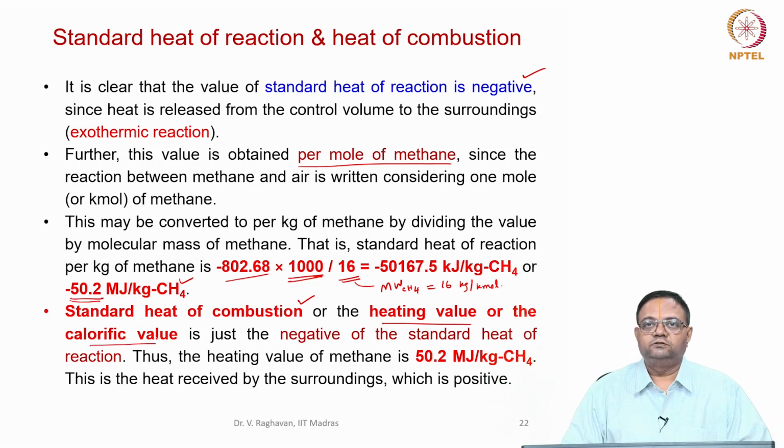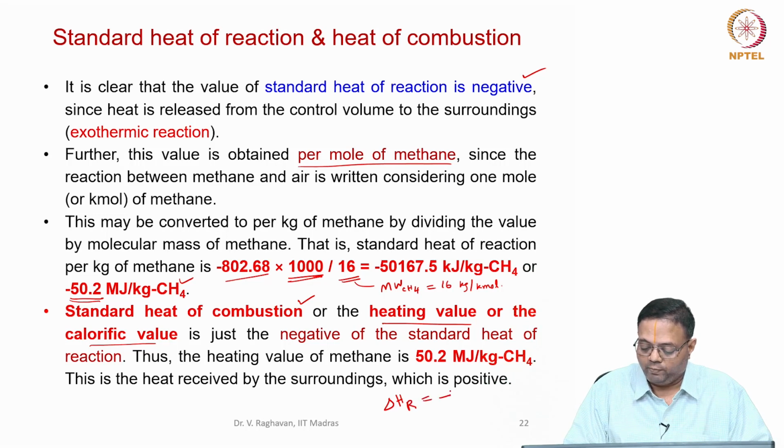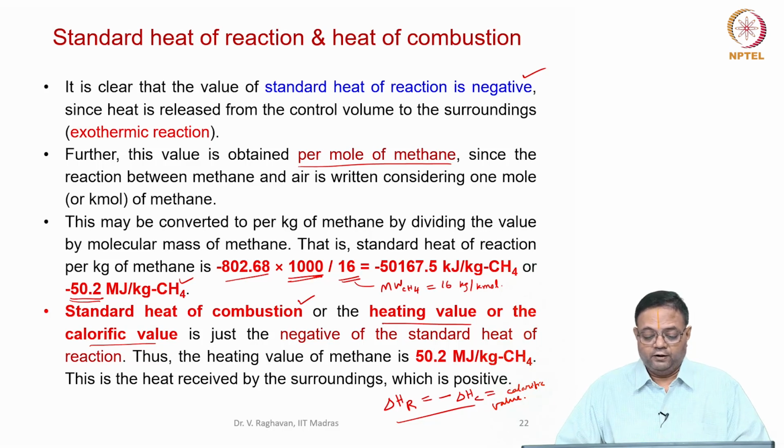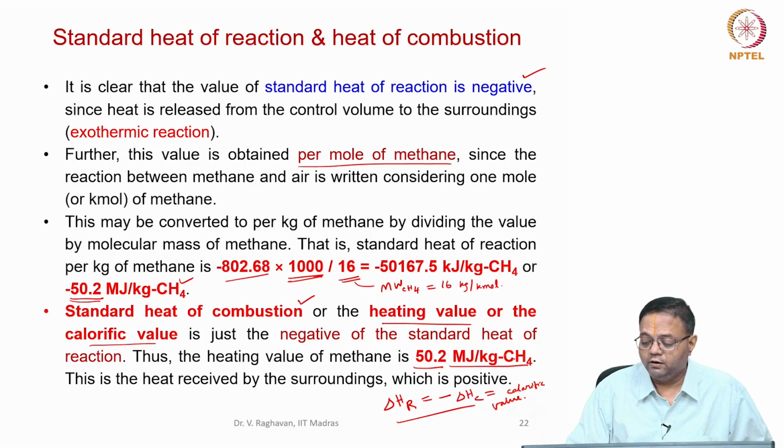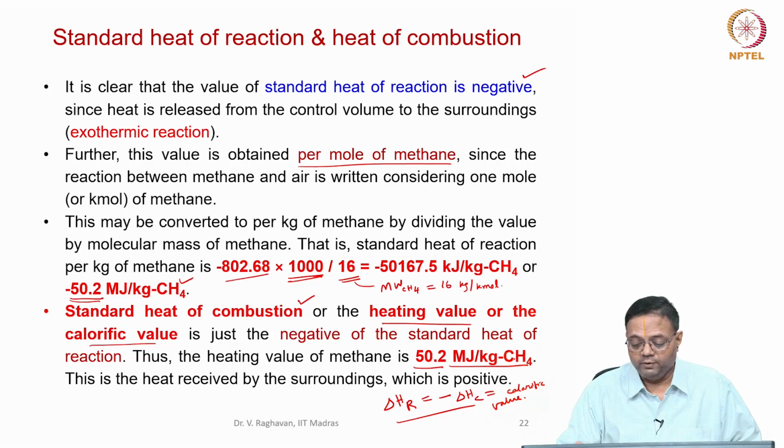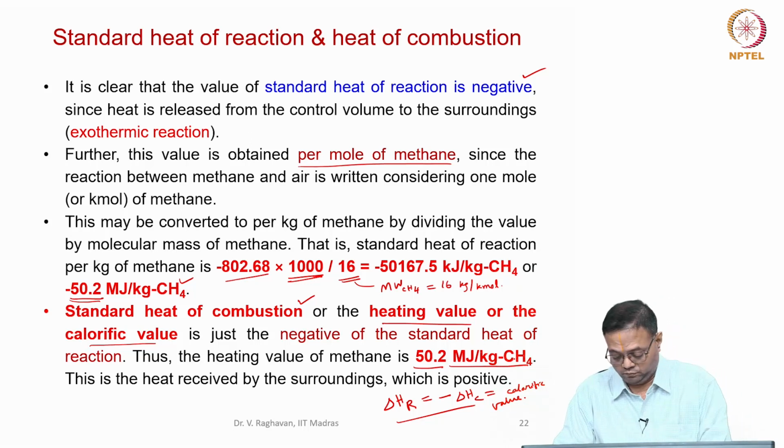Just say minus of heat of reaction. That is, I will say delta H reaction will be equal to minus delta H combustion, which is equal to calorific value. So, the heating value of methane is 50.2 megajoule per kilogram of methane, positive.